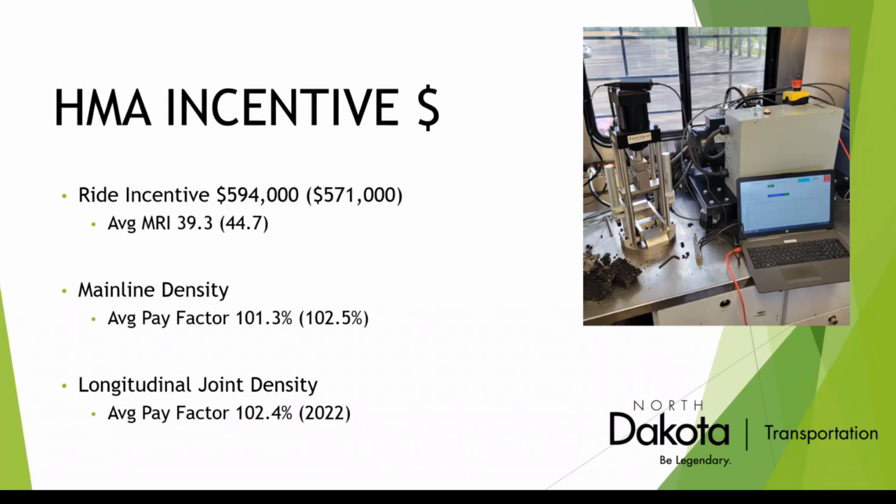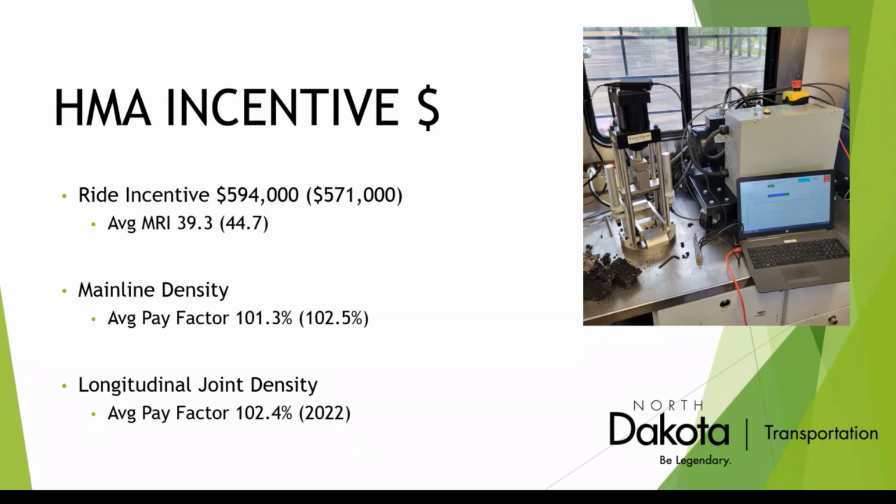You saw the average pay factor was 101.3, so basically a 1.3% bonus compared to the previous year, which was 2.5%. So you could say, if I'm king for the day, I look at it and say, well, on average is a 0.5% loss in density on all the jobs I did that year worth that 1.2% bonus that I paid.